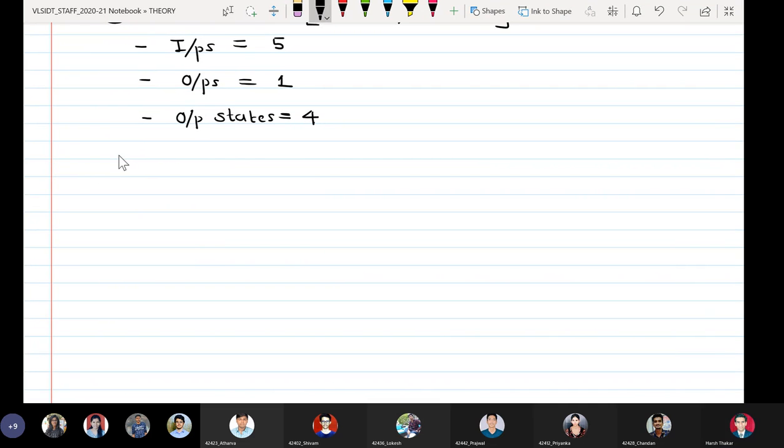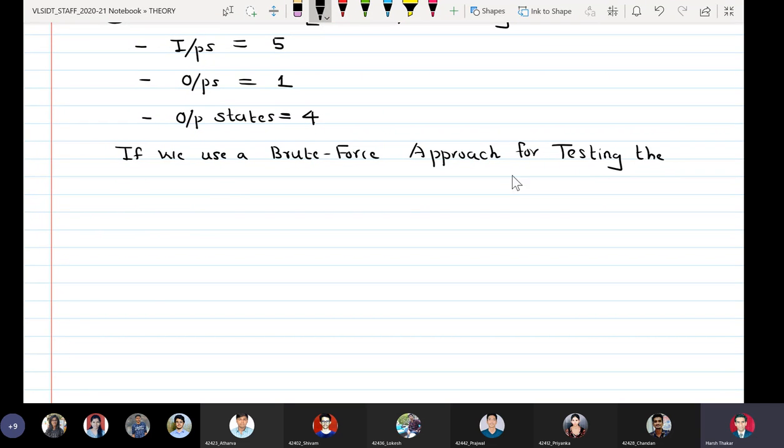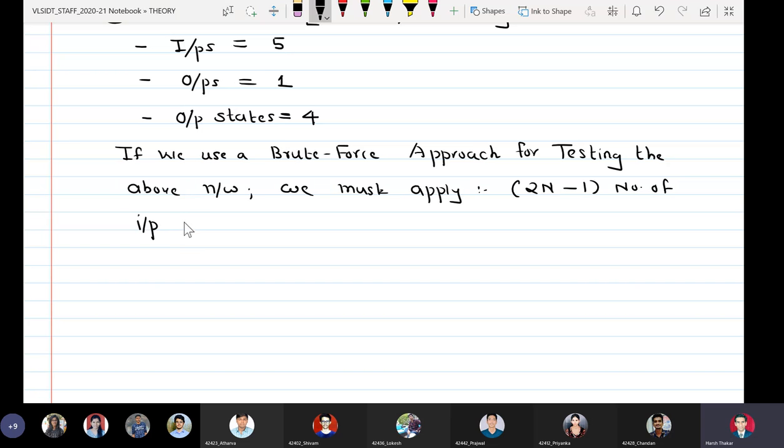So if we use a brute force approach for testing the above network, we must apply 2n minus 1 input sequences, where the number of output states is denoted by n.